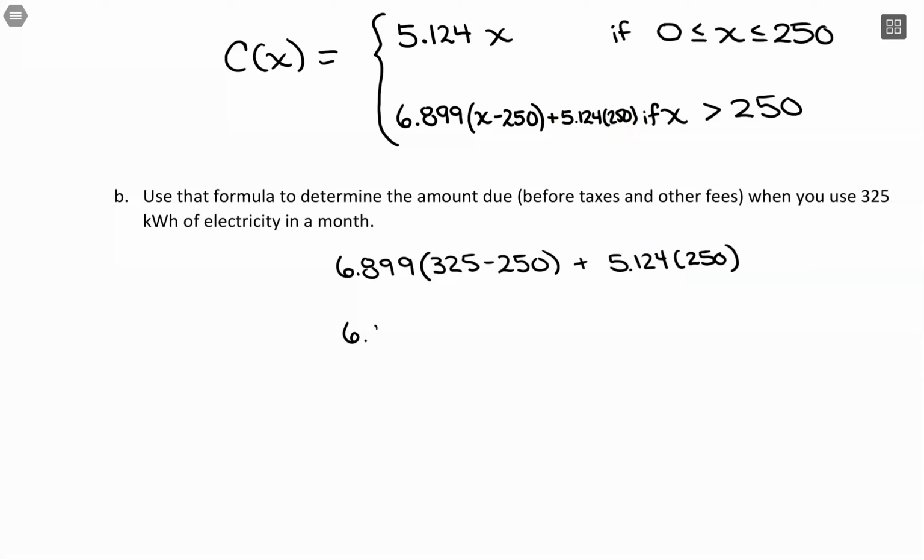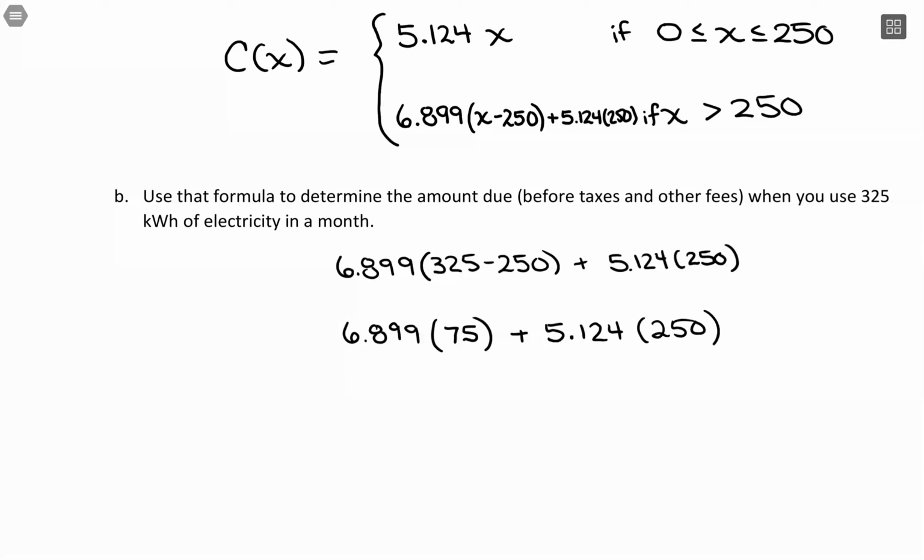So 6.899 times, and I'm going to calculate that 325 minus 250, which is 75. That's where I can see the 75 kilowatt hours over 250, plus that 5.124 times 250.